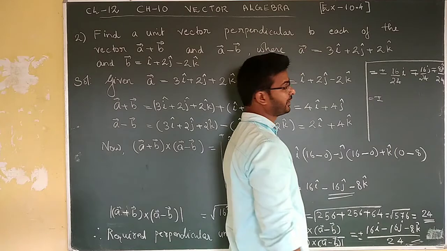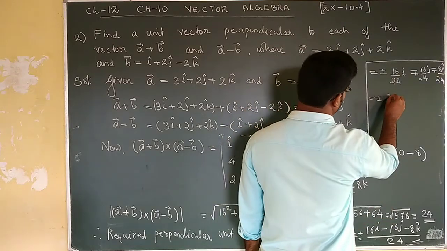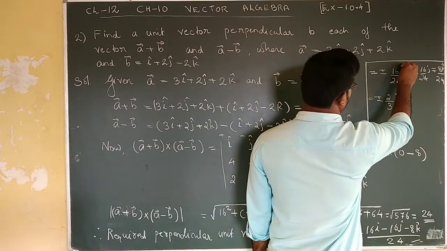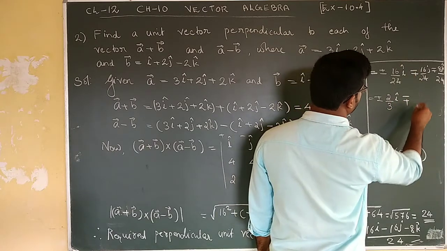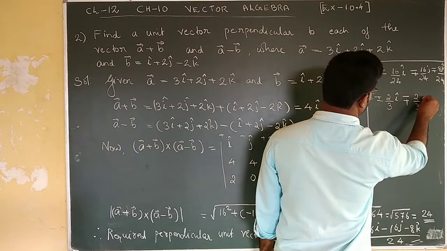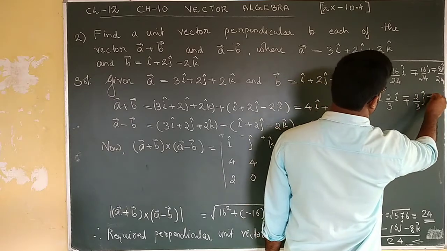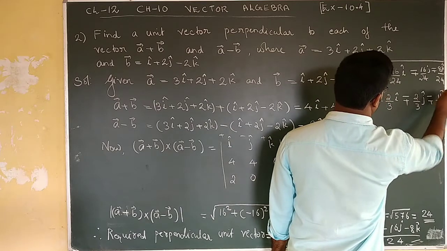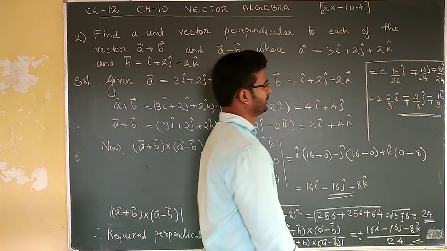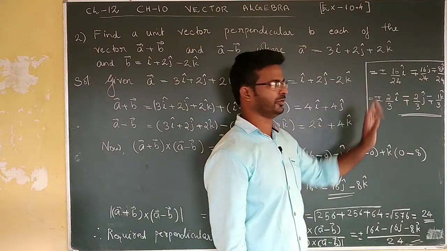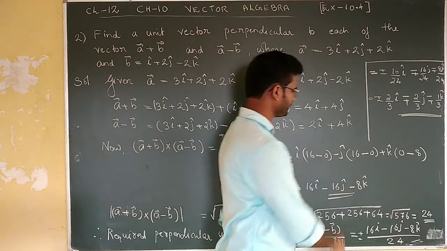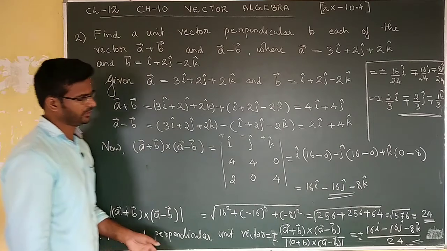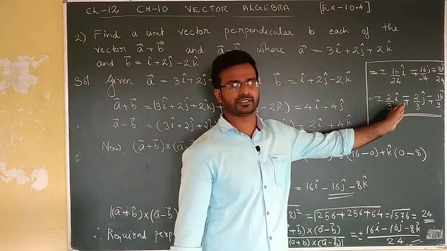Simplify this using 8, we can use, isn't it? 2 by 3 i vector minus plus in here also 2 by 3 j vector, last minus plus 1 by 3 k vector. This is our required unit vector. Just pause the video or write it down in your notebook. Keep in mind this last part in here only.